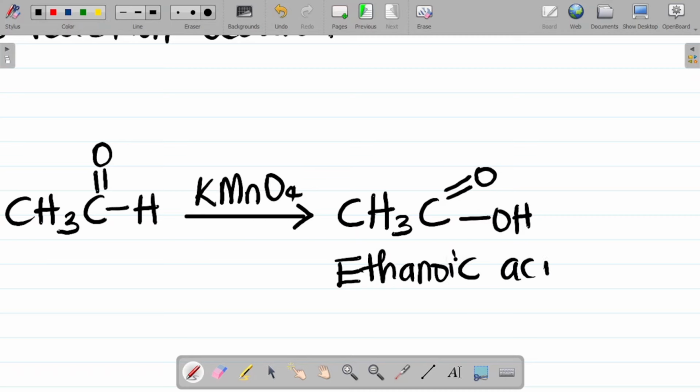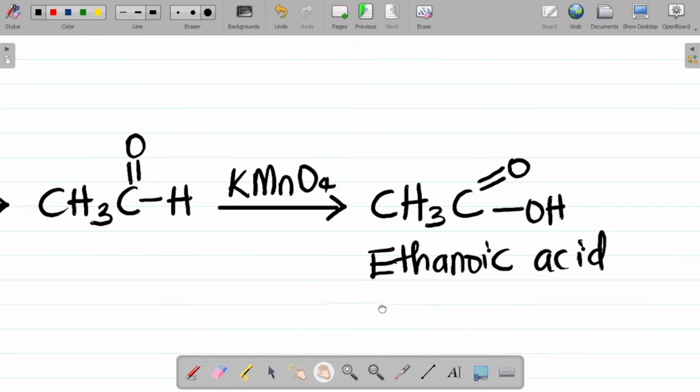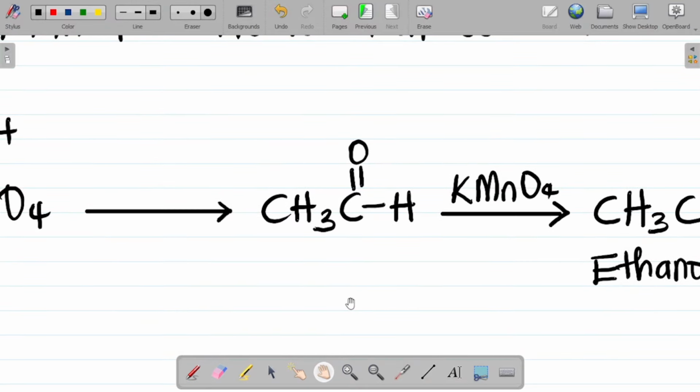Ethanoic acid. This compound here is a ketone.